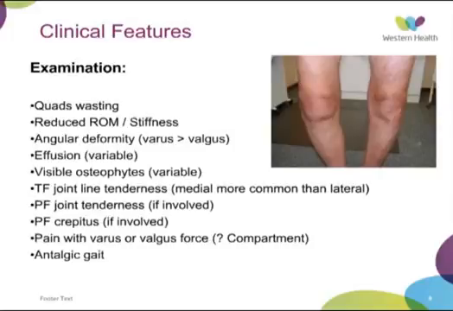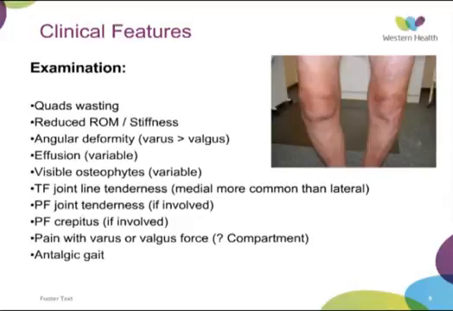On examination, you may find quadriceps wasting, reduced range of motion, and joint stiffness. Also, angular deformities, whether it's a varus or a valgus knee. Again, varus is more common. An effusion may be present, and in more severe cases, osteophytes may be visible under the skin.